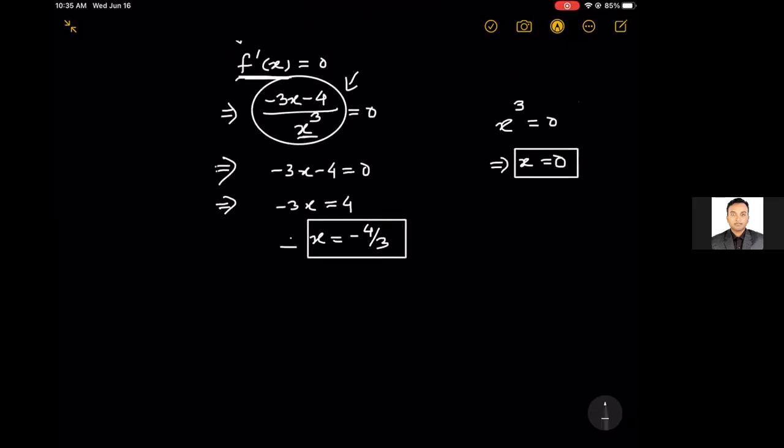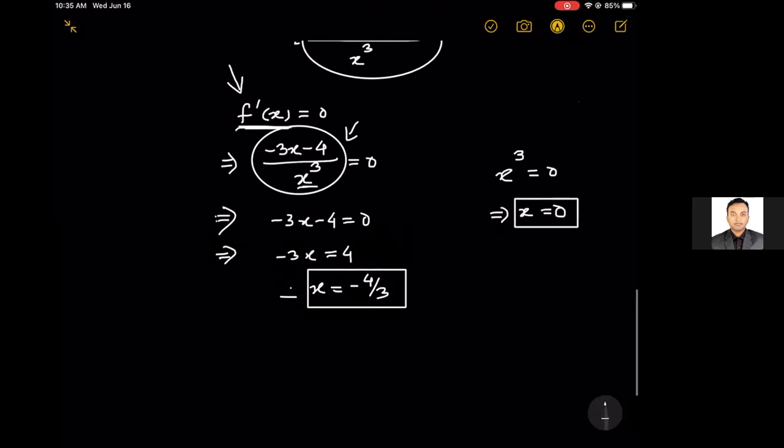So this is the example of the derivative does not exist. And obviously this is for setting the first derivative to 0 and solving it for x. Okay, that means whenever you have a fraction, just set the denominator to 0 separately, and for those values of x, your derivative will not exist, but those values will still be a part of the critical points, like this one.